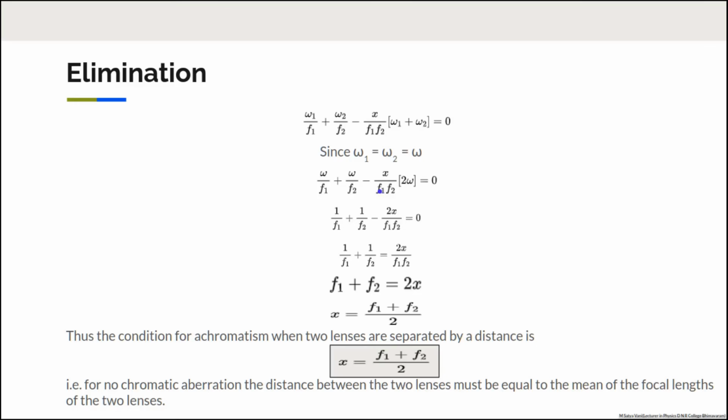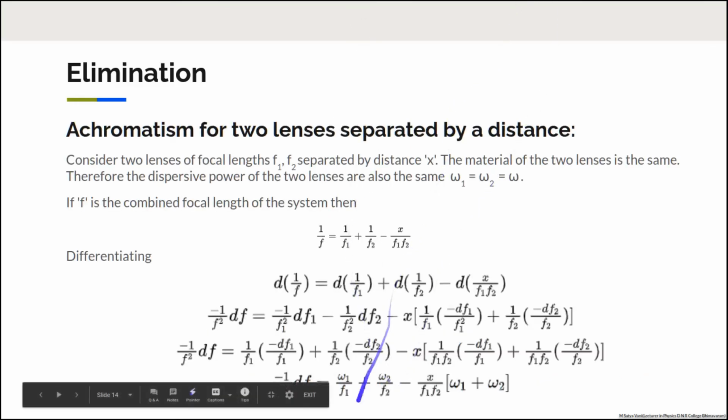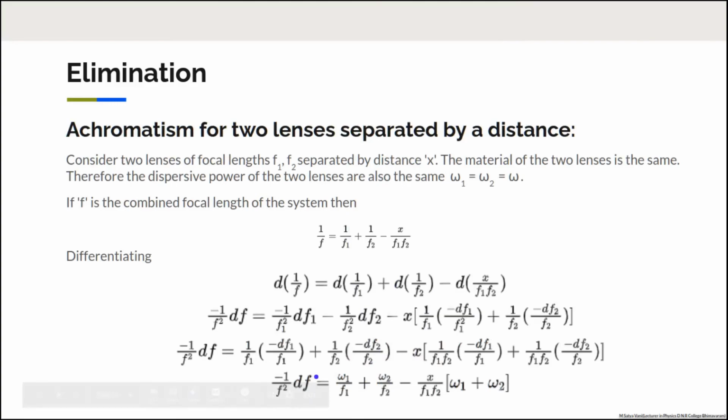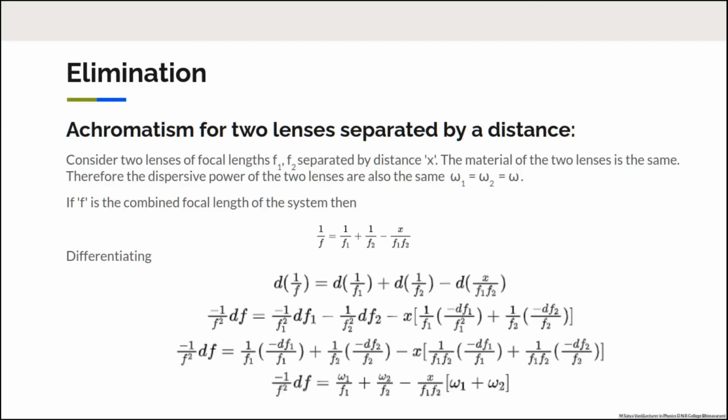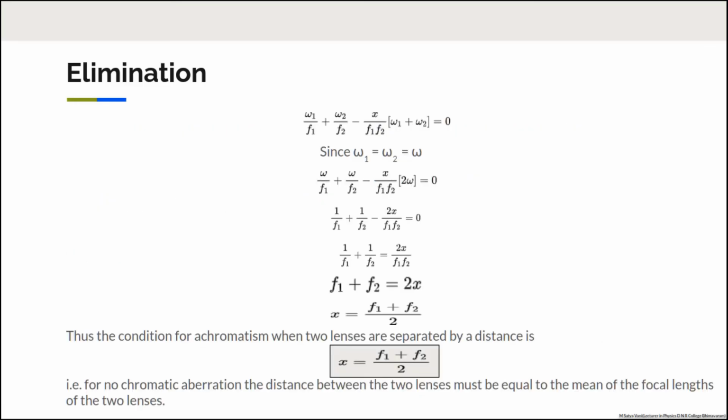Then in the above slide, in case of achromatism, dF is equal to 0, as F is constant for all colors, therefore the right hand side is equal to 0 and the equation becomes omega 1 by f1 plus omega 2 by f2 minus x by f1 f2 into omega 1 plus omega 2 equals 0. Substituting omega 1 is equal to omega 2 is equal to omega and simplifying this equation, we get x is equal to (f1 plus f2) by 2.